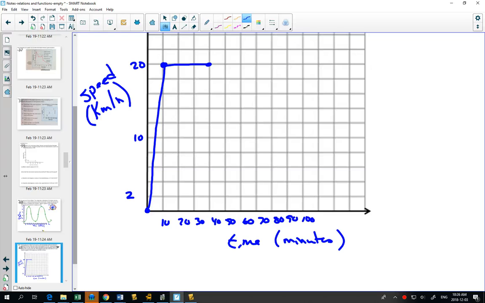So we need to decrease. Let's say it takes her 10 minutes to decrease that speed, because again, it doesn't tell us, so this would be something that we would have some options for. And she's going to stay at that speed for 10 minutes.